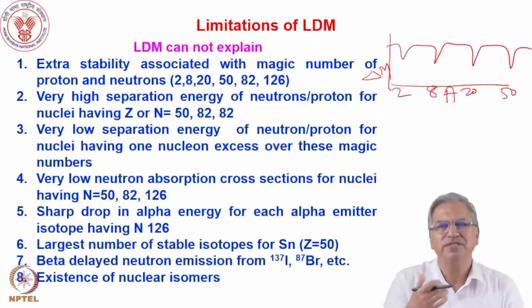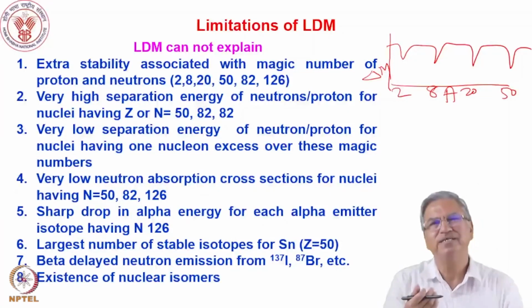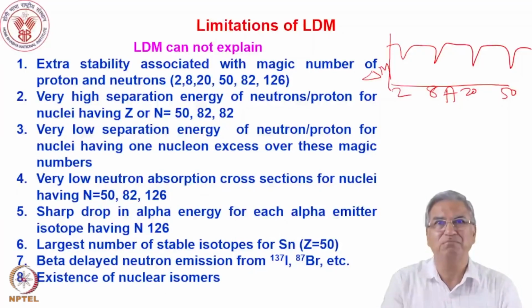That means these nuclei have lower mass, higher binding energy, and therefore there is extra stability associated with these magic numbers. This part could not be explained using the liquid drop model.